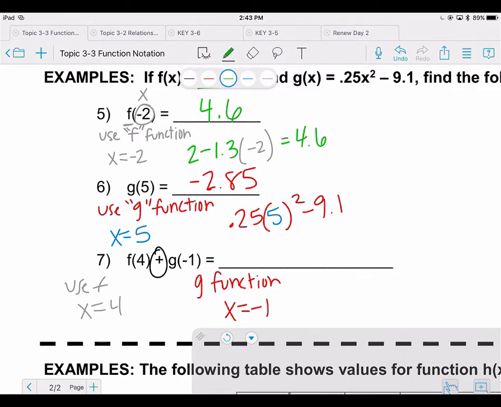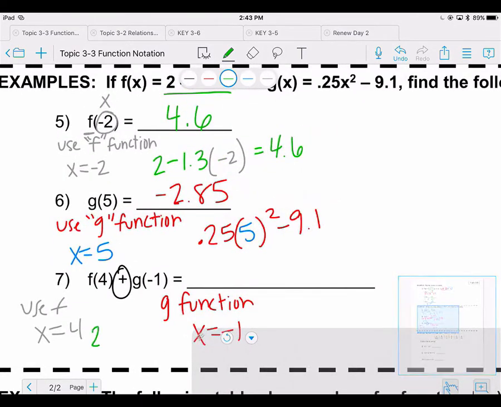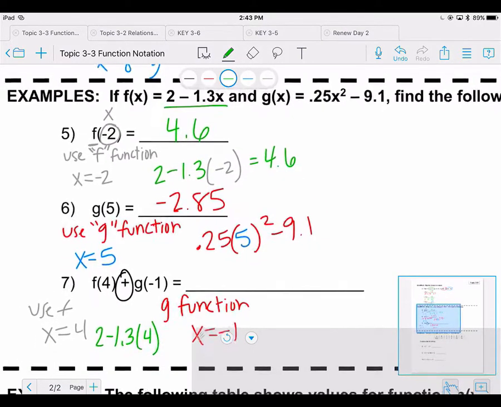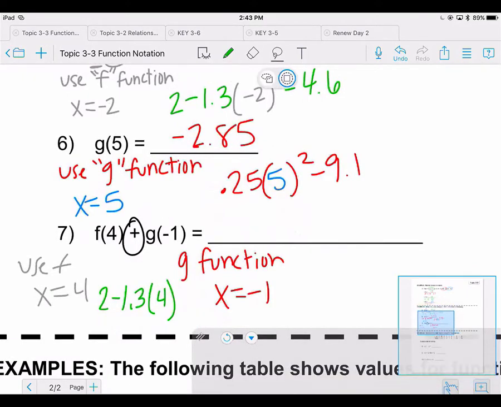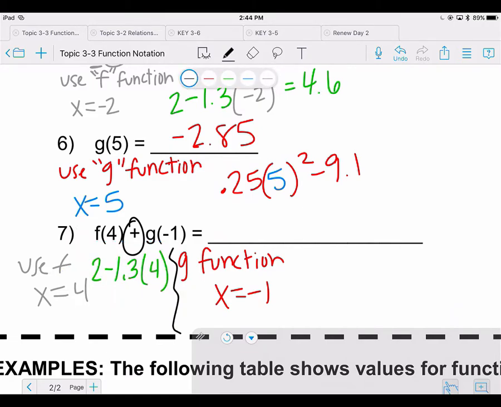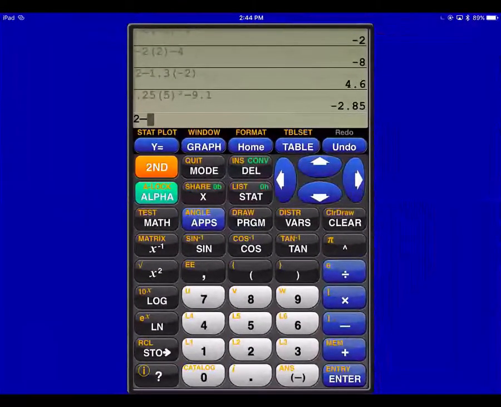F of 4 would be 2 minus 1.3 times 4. All right, so in my calculator, 2 minus 1.3 times 4 is negative 3.2.